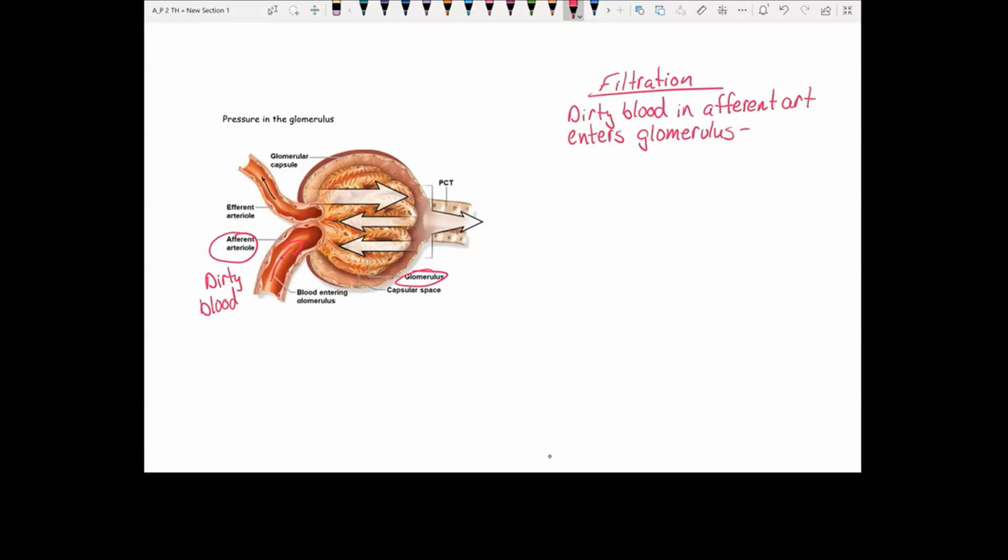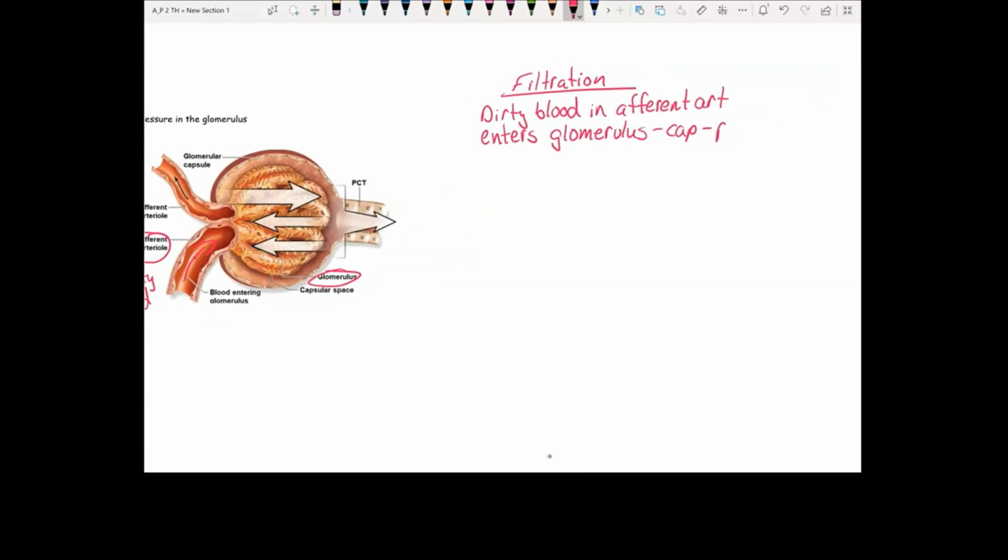So remember, the glomerulus is a capillary, and capillaries are permeable. They have holes. And you actually have what's called a filtration membrane on the glomerulus. Think of it like a sieve.